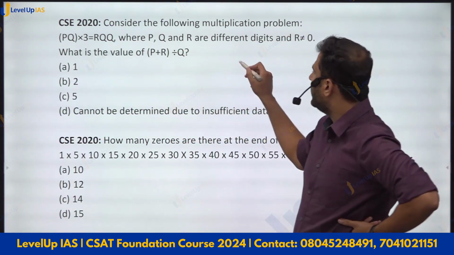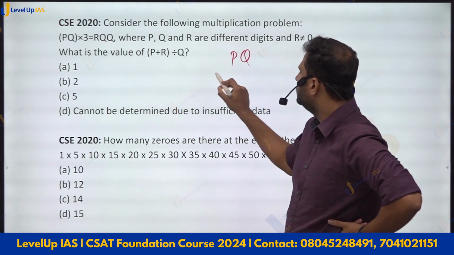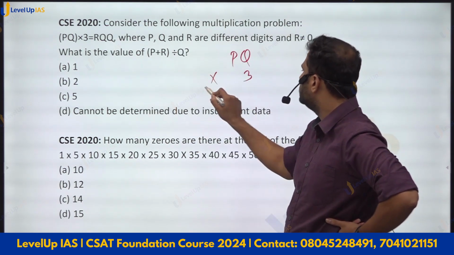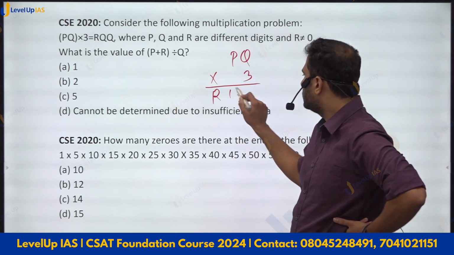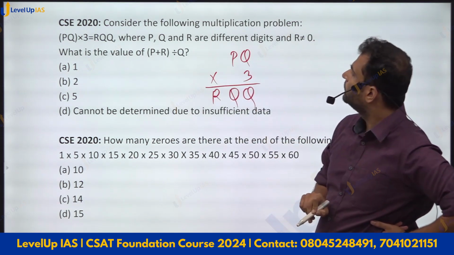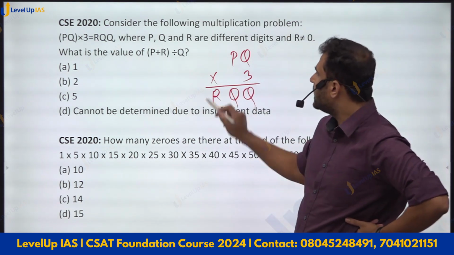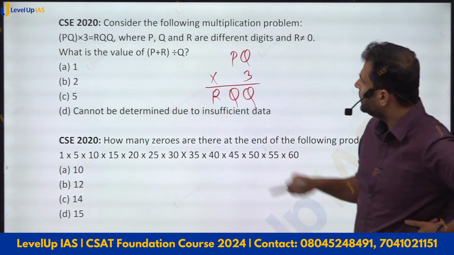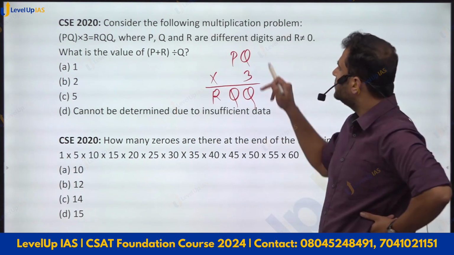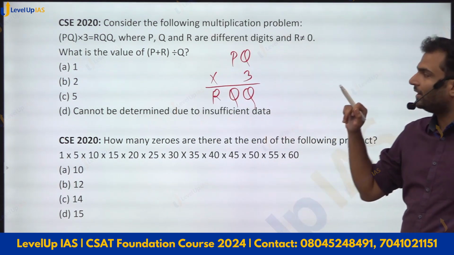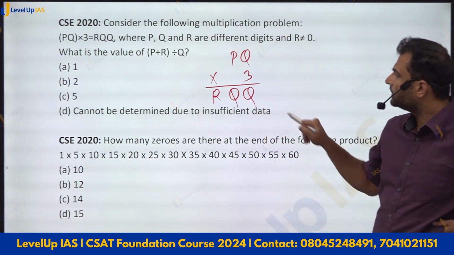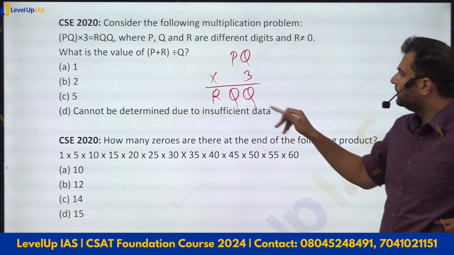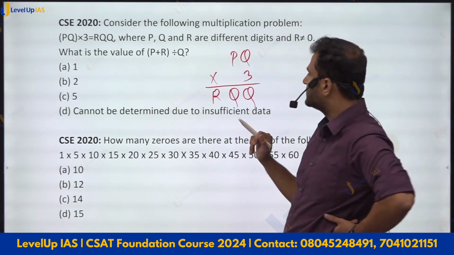So we have PQ into 3 is RQQ. These are all different digits, R is non-zero. Fine. So what can we comment on Q? Q is such a number that when we multiply it by 3, we should get itself as the units place.